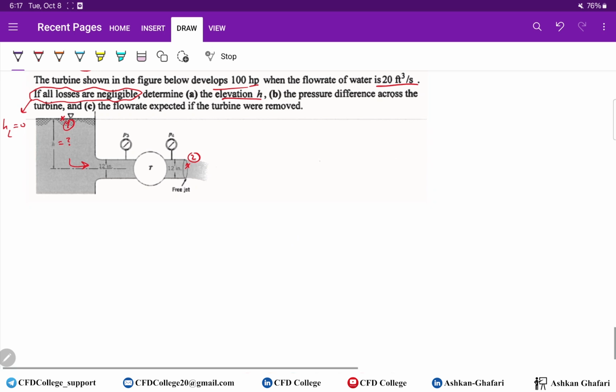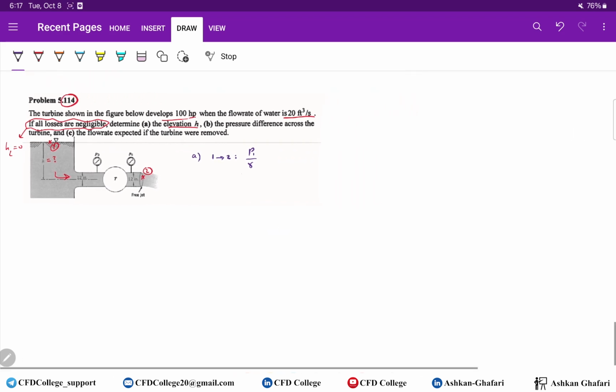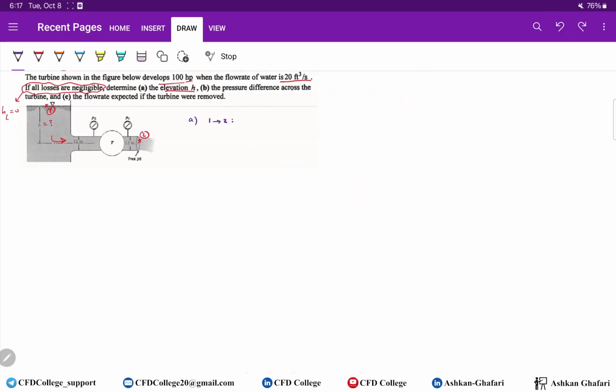So part A, from point 1 to point 2: P1 over gamma plus V1 square over 2G plus Z1. Do we have any other pump? No. So it's equal to P2 over gamma plus V2 square over 2G plus Z2 plus head of the turbine.